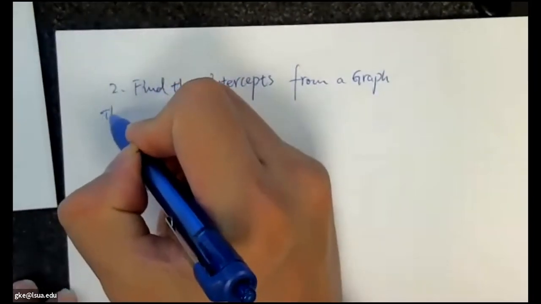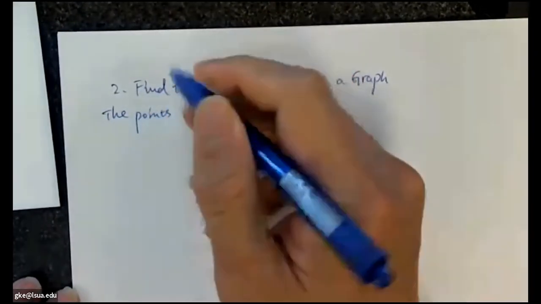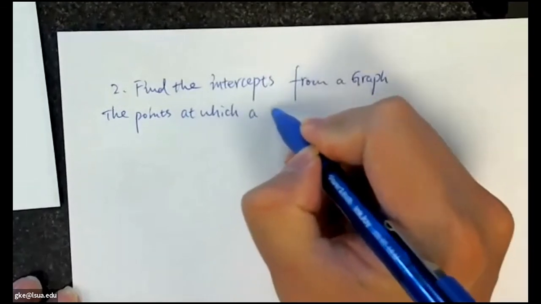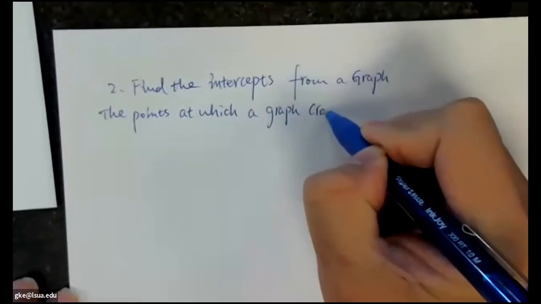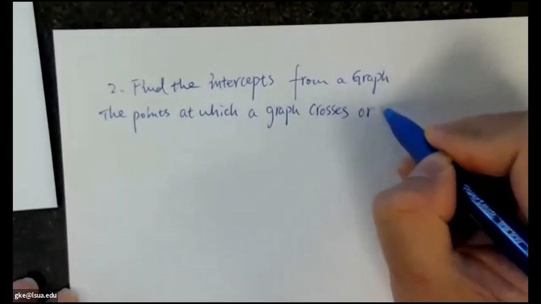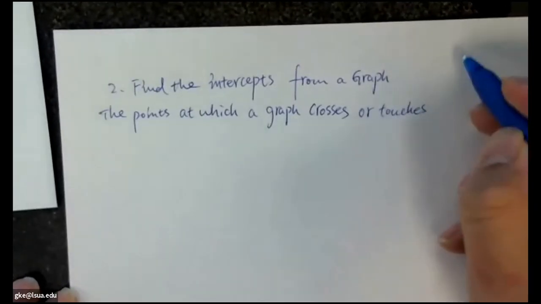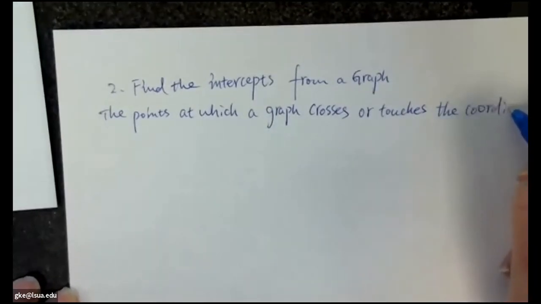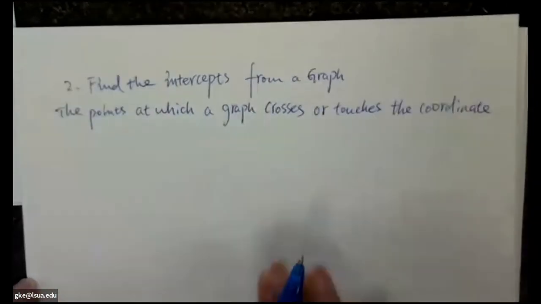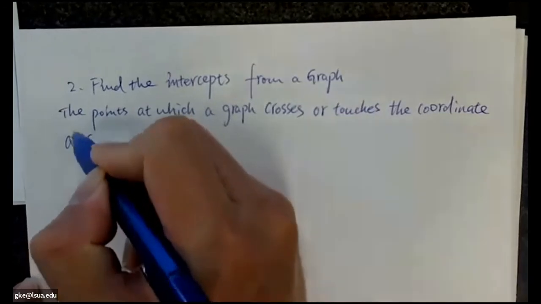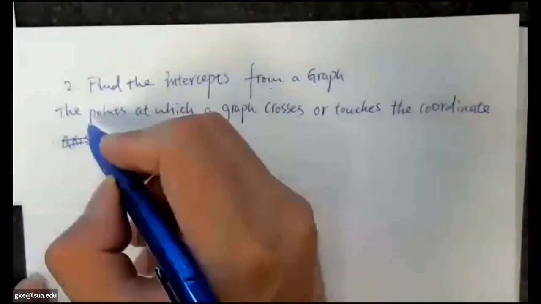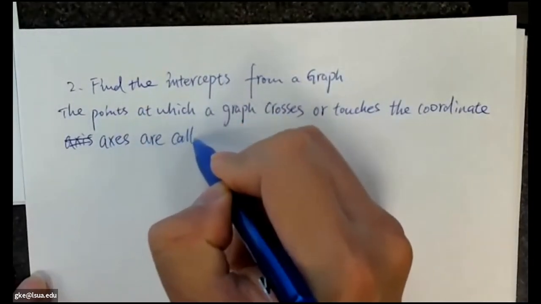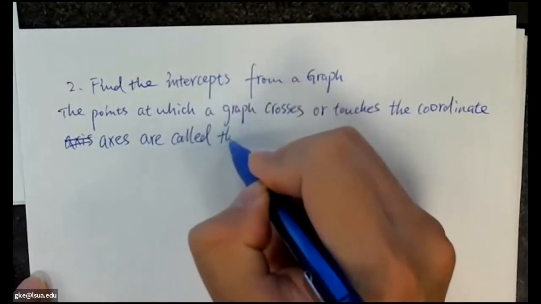So points at which a graph crosses or touches the coordinate axes are called the intercepts.